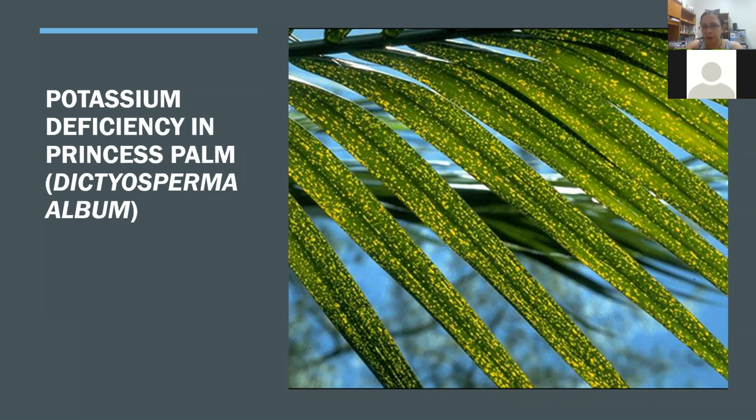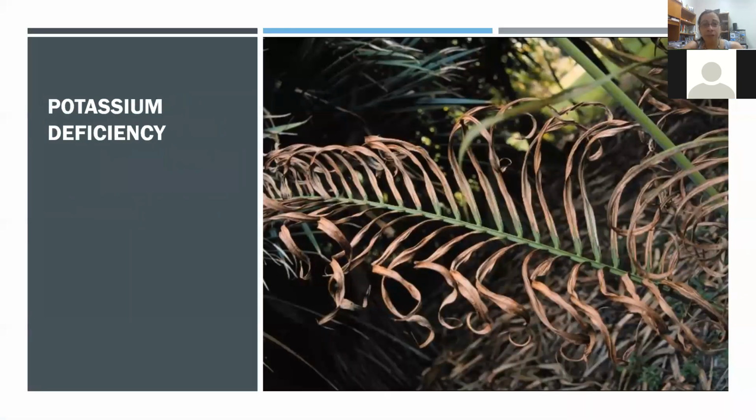Some of the other ones we're going to talk about, they won't correct just because the tissue's actually degraded too far for that. So an example here also indicates potassium deficiency. One thing to note here is that the browning is occurring from the tips in, because there's different things that can occur from that rachis out that can be more disease related.